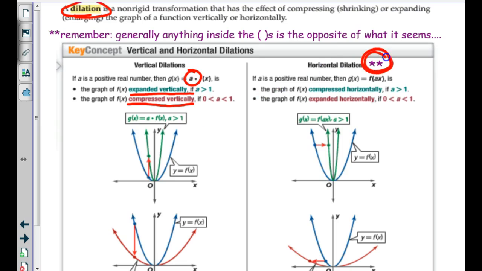Inside, this is where we get confused. And parabolas are horrible examples. If we put a number inside the parenthesis, it's changing the x values. If it's greater than 1, it actually compresses it horizontally. And if it's between 0 and 1, it expands it horizontally.